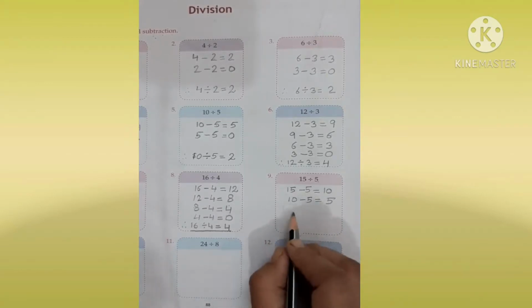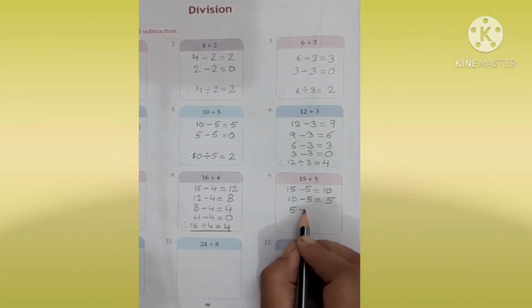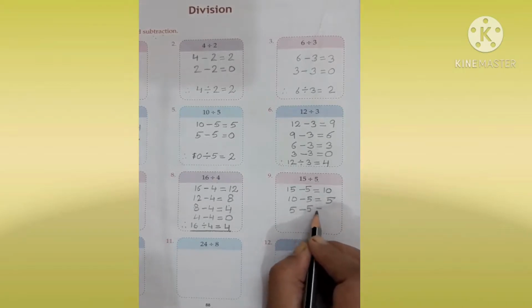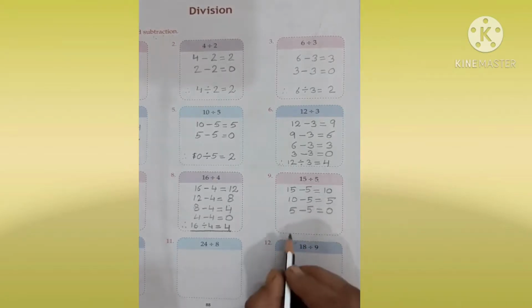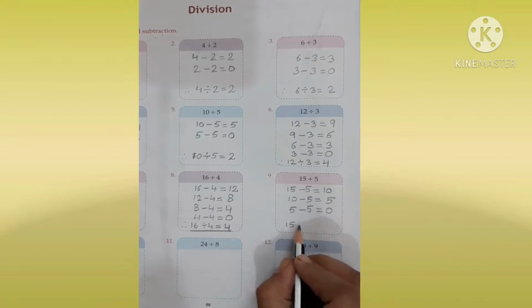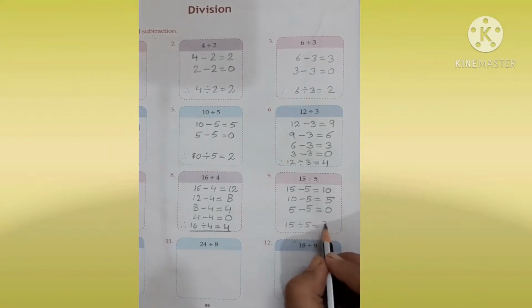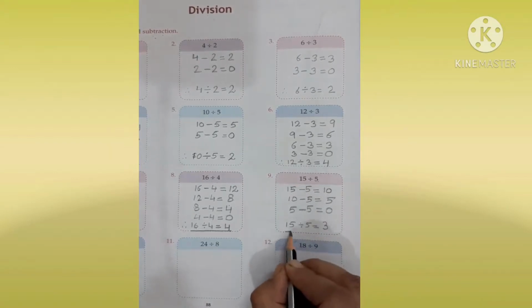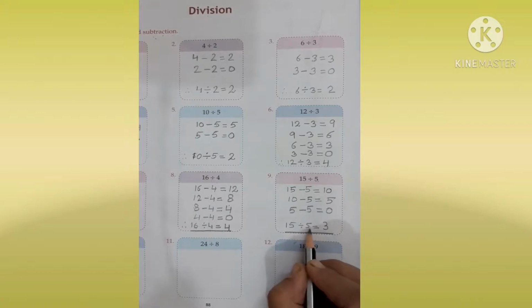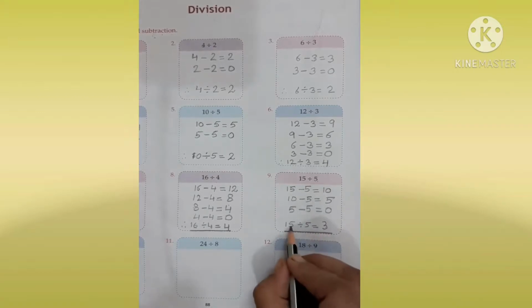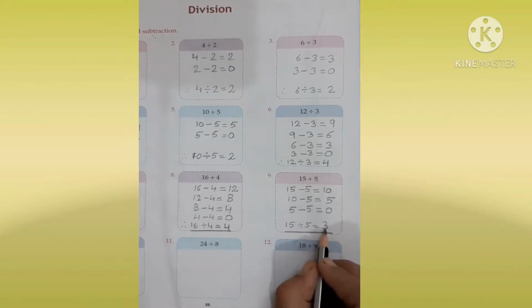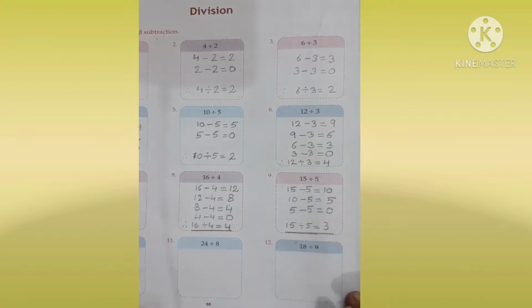This 5 right here. 5 minus 5 is equal to 0. So 15 divided by 5 is equal to 1, 2, 3. 3. So 15 divided by 5 is equal to 3. 5 3s are 15.